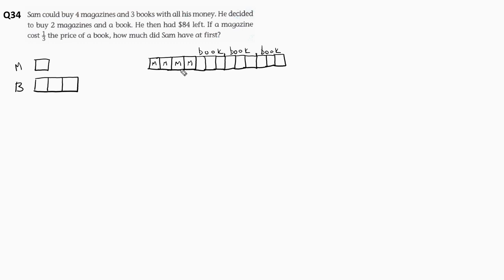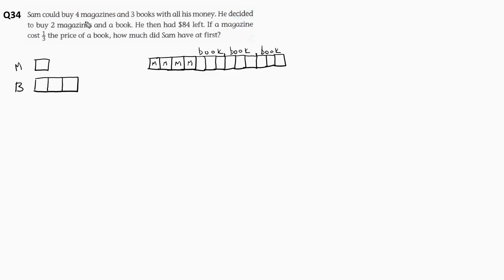Now, let's see if we can draw this in a way that matches the answer guide. What it does is put together the things that he doesn't buy, so that you can attribute the $84 to it.